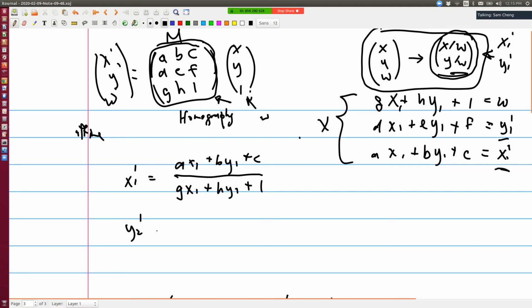And y1 pi as well, I can write this is equal to d x1 plus e y1 plus f over g x1 plus h y1 plus 1. Okay. So it looks a bit complicated here.